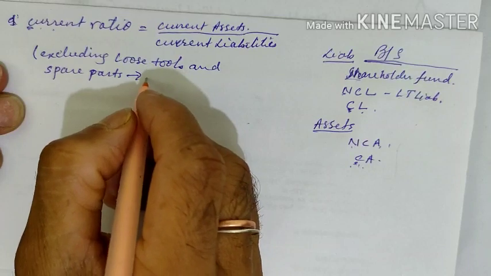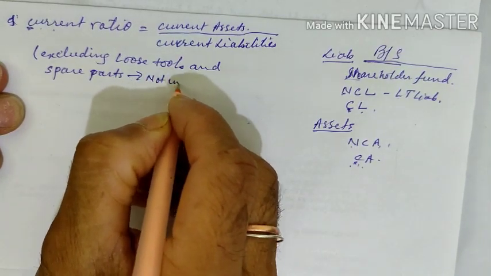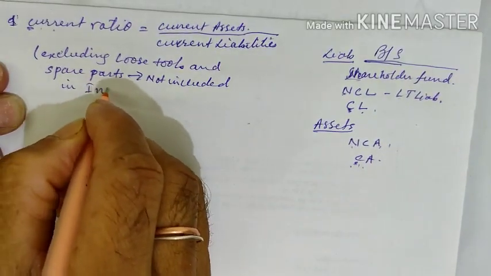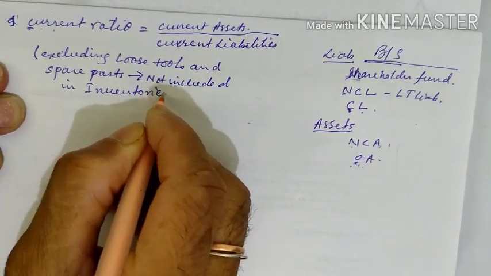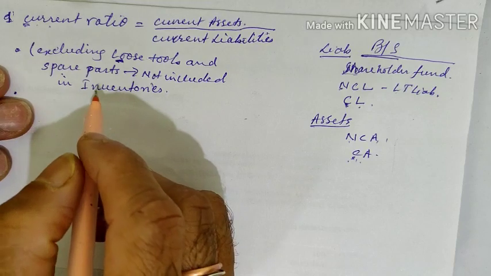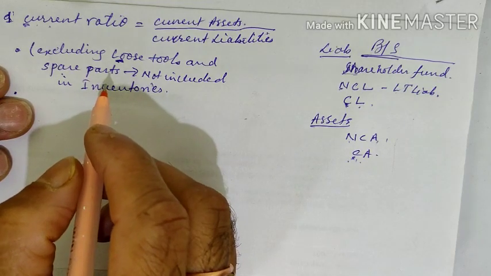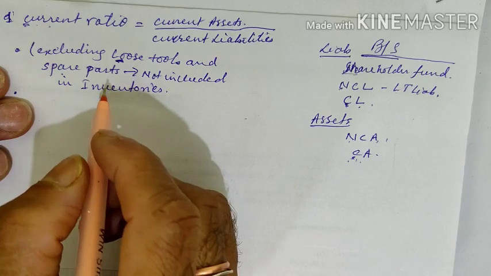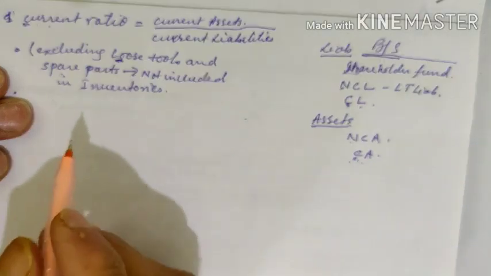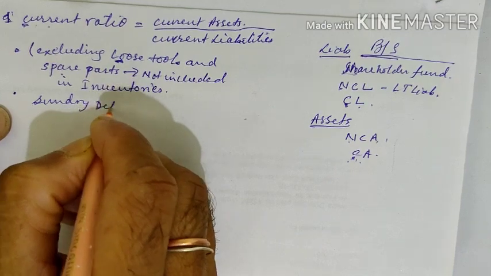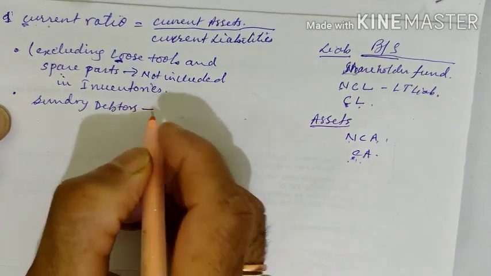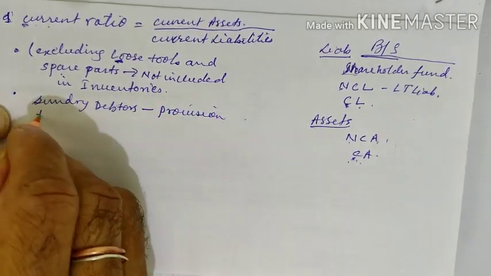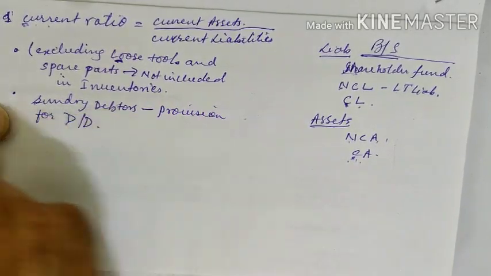It is not included in inventories because the company holds them as a production tool and not for the purpose of selling or converting them into cash. Sundry debtors should not include provision for doubtful debts.